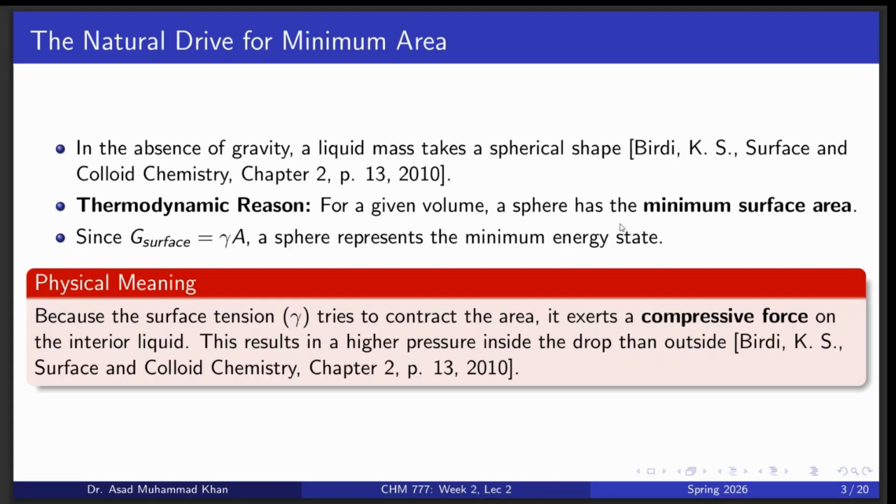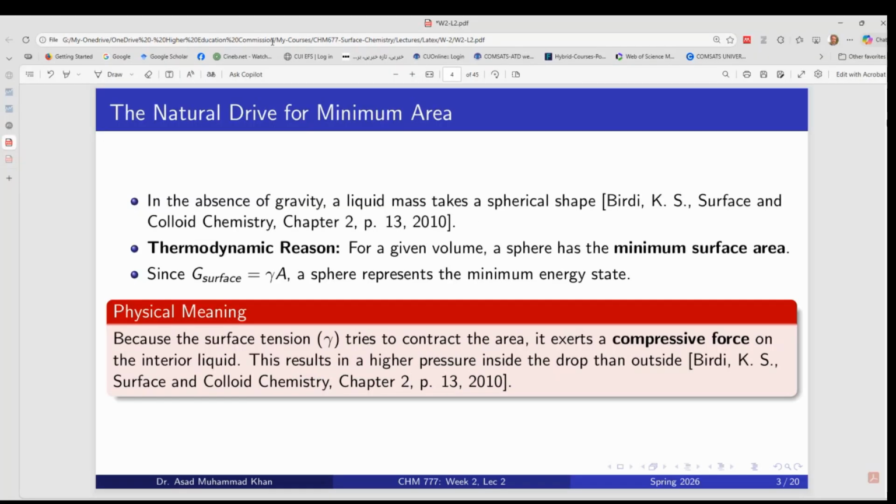So because the surface tension tries to contract the area, it exerts a compressive force on the interior liquid. This results in higher pressure inside the drop than the outside. So what you already know is, let's say that you have a kind of curved surface.